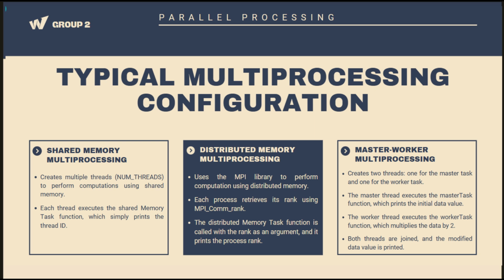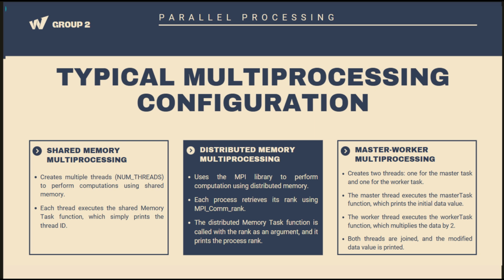The worker thread executes the worker task function, which multiplies the data by 2. Both threads are joined and the modified data value is printed. That is what the master worker multiprocessing does.